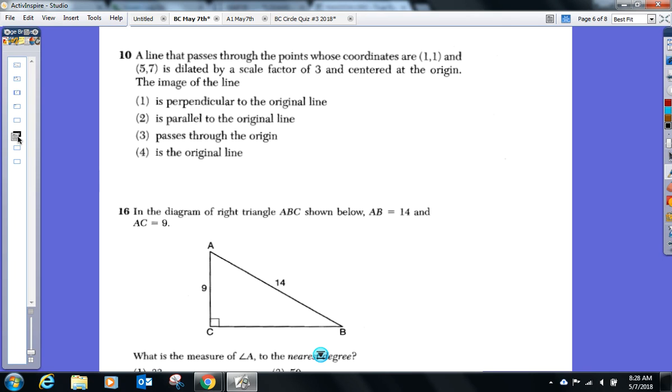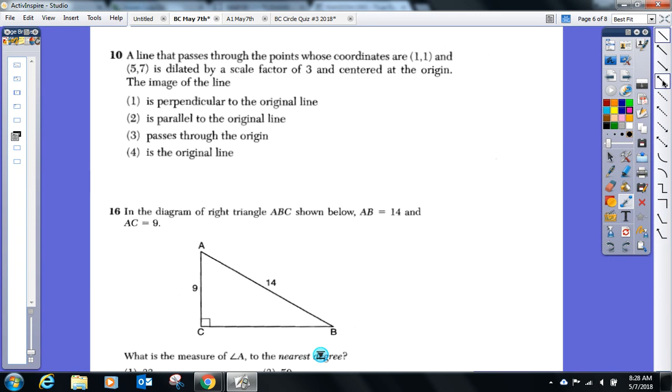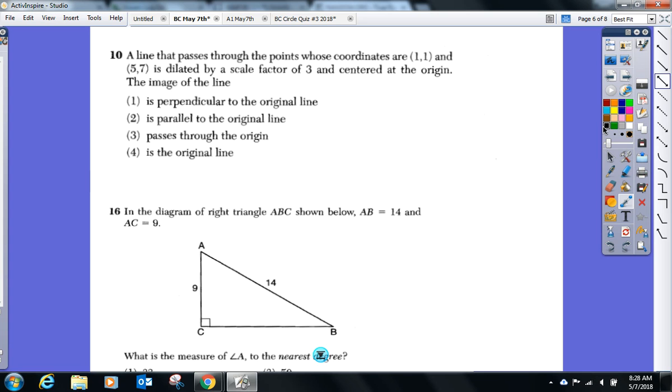We've got a dilation going on of a line. What happens to my line? See if you can think about the correct answer. We'll go over it right now, though.